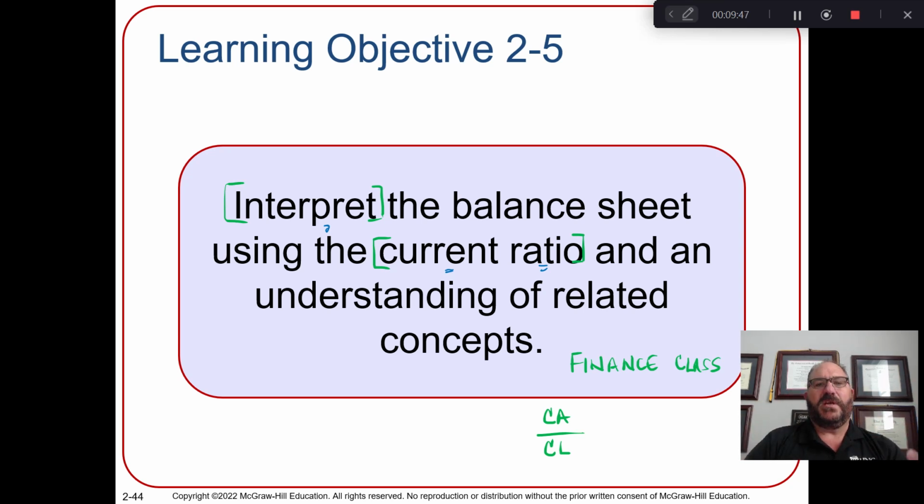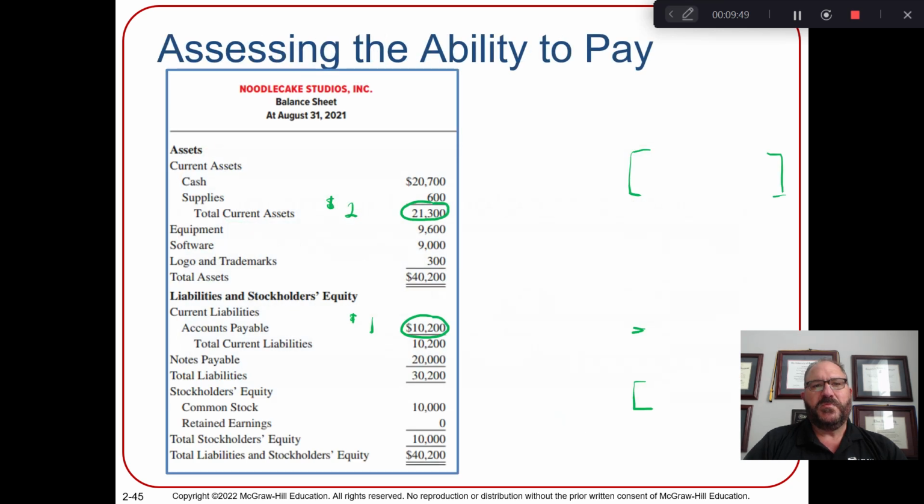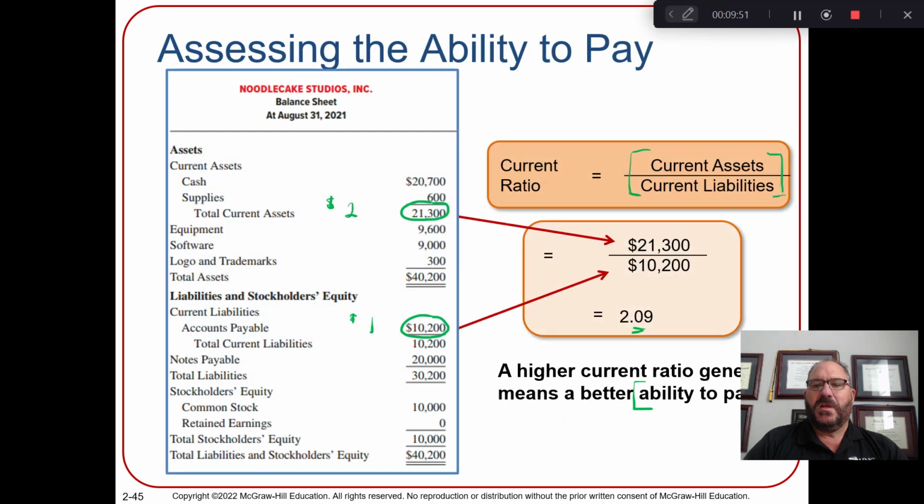So let's take a look at how this is done, okay? So this has to do with assessing ability to pay. They're looking, do you have more assets than liabilities? In other words, do you own more than you owe?